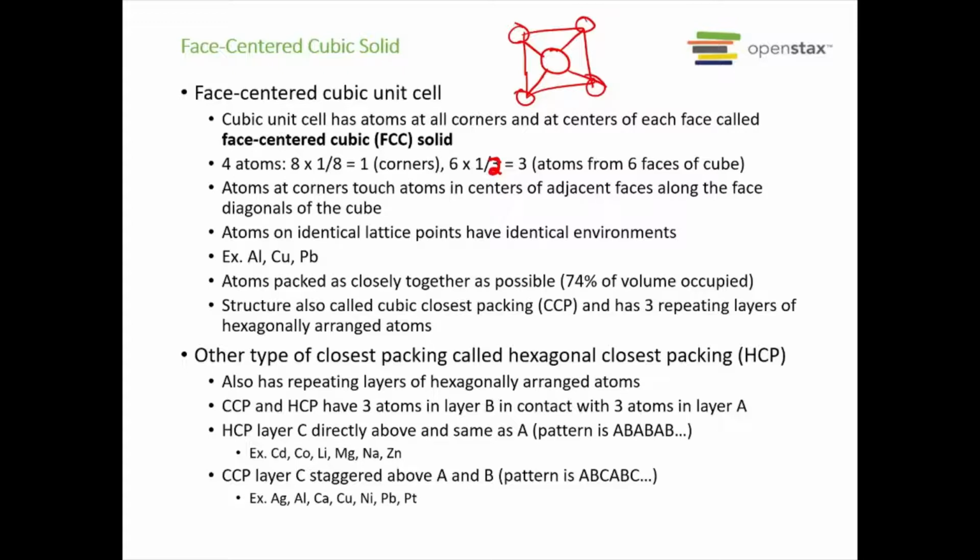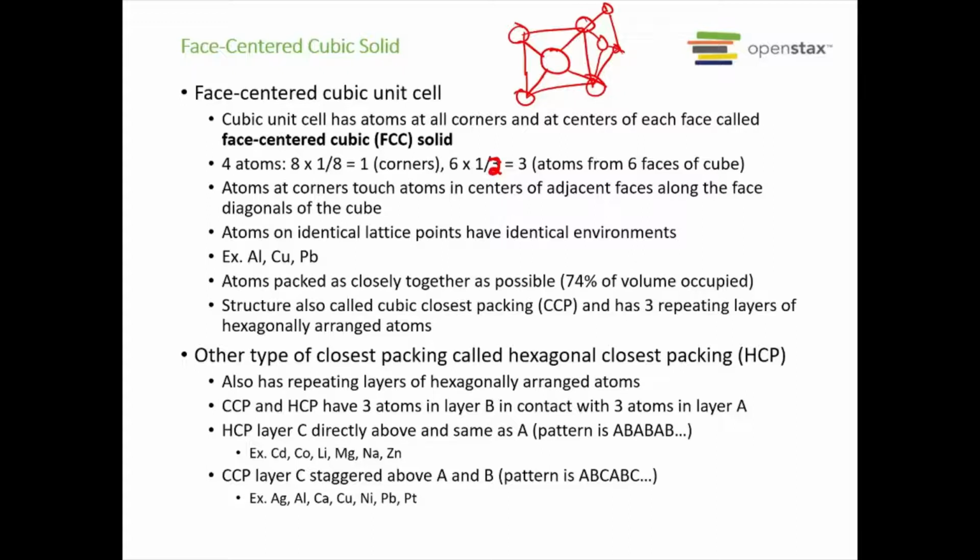Okay, and then let's see. Atoms that are on identical lattice points have identical environments. So because on each face now we have another atom here in the center, and so on. Aluminum, copper, and lead are some examples of metals that do this. The atoms are now packed as closely together as they can be, with about 74% of the volume in the structure occupied.